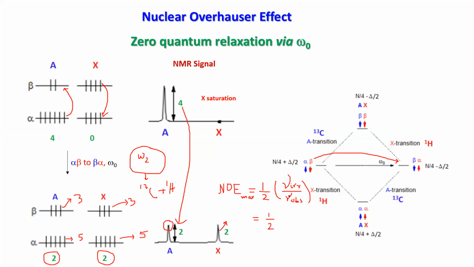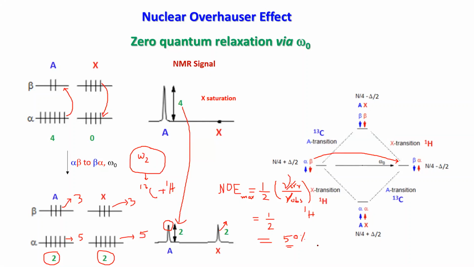So that will be cancelled out for proton 1H. So it will remain only half. That means you have 50%. Understood. So your enhancement for a proton-proton nuclear Overhauser experiment will be 50% maximum.